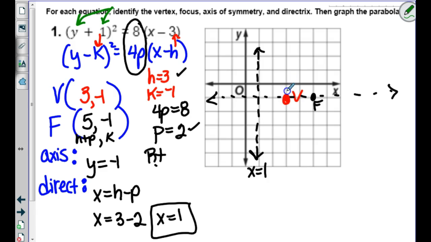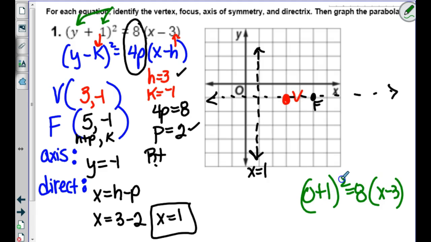No? Yes? I'm going to put in a 0 because it's 1 unit away. If I put in a 0, I get 0 plus 1 quantity squared equals 8x minus 3. Okay, what's 0 plus 1? 1 squared is 1. So I have 1 equals 8 times x minus 3.